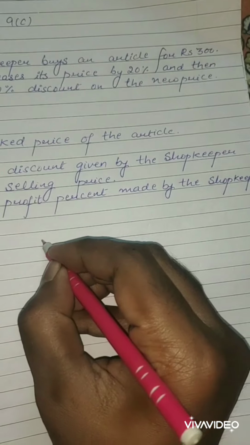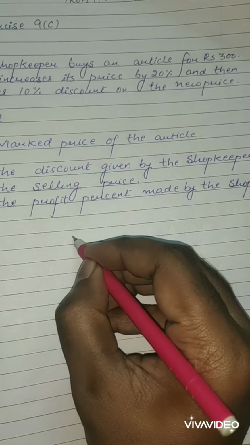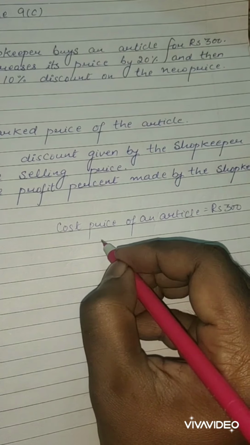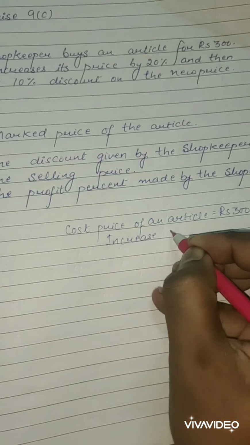So the cost price of an article is rupees 300 and the increase in price is 20%.